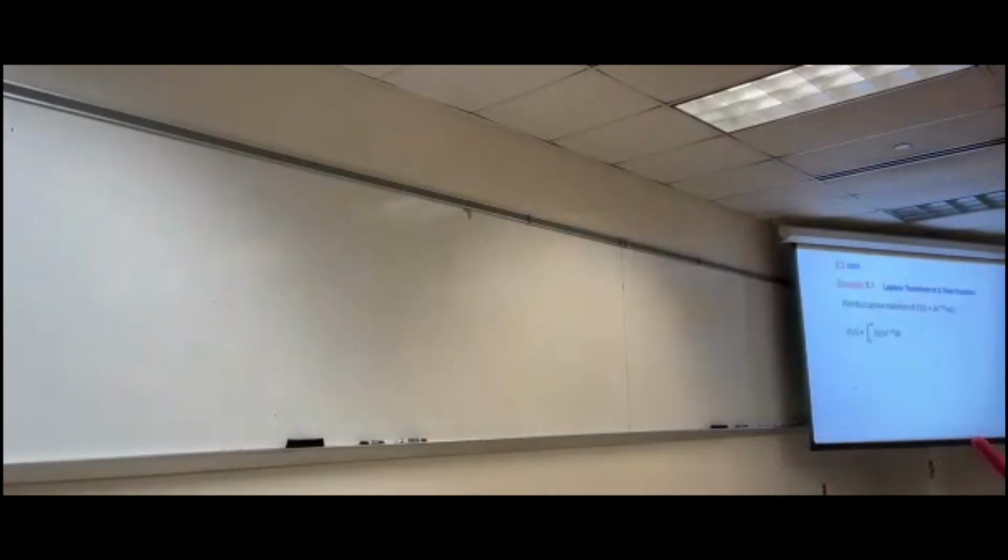F of t is given as a times e to the at, and using the Laplace transform definition, we find F of s. So we just need to plug f of t into the definition, right? So we have a e to the at times u of t times e to the negative st. And u of t, what is u of t? This is the unit step function.